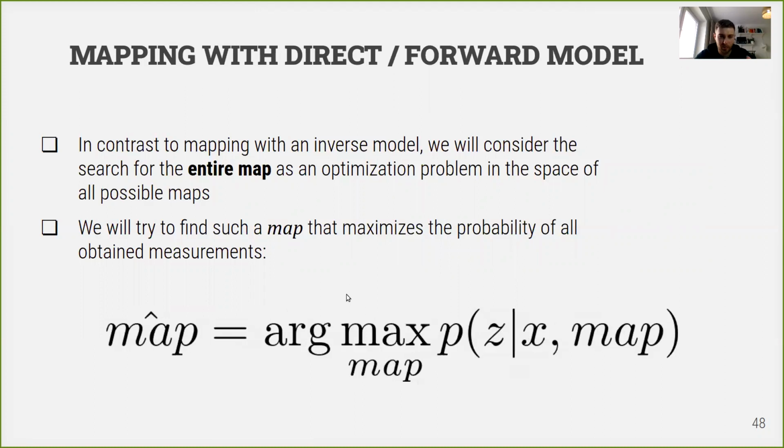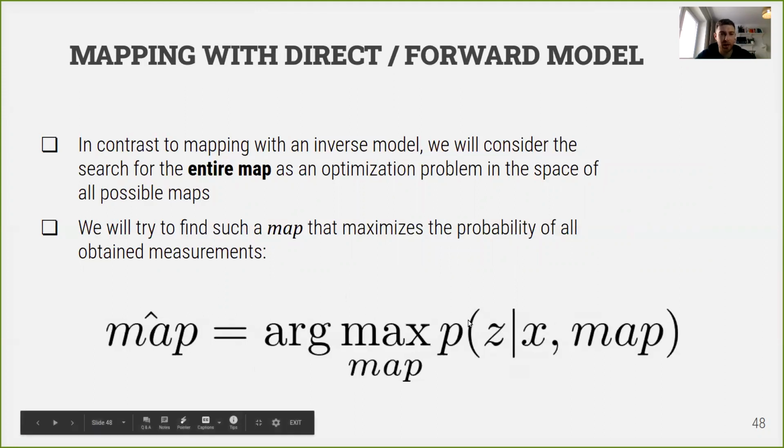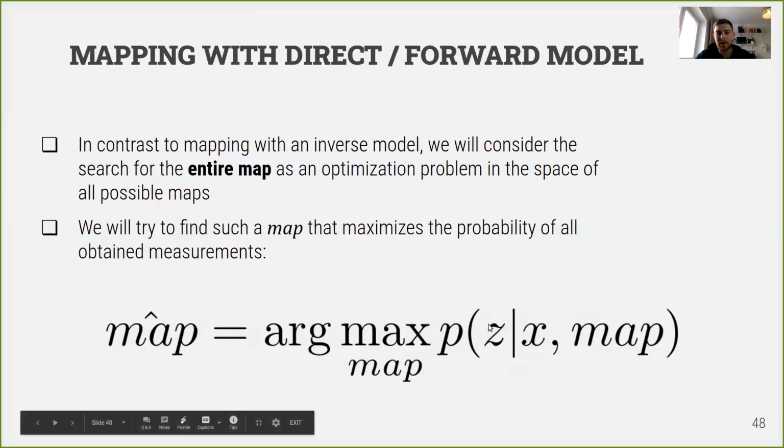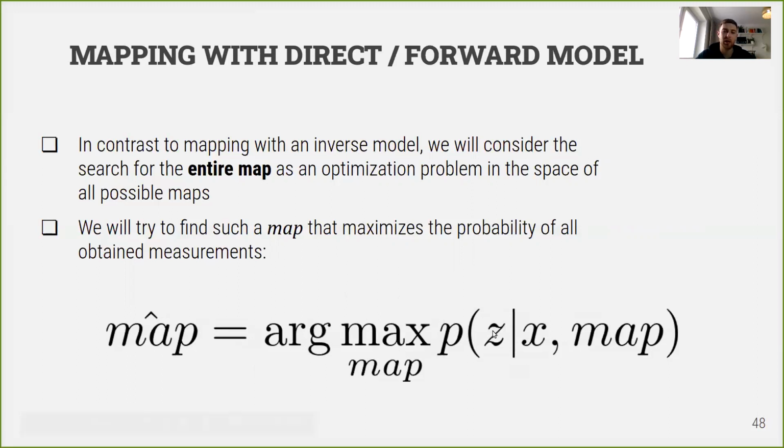I hope it's quite understandable. If not, ask questions here, because this is quite a complex approach. But the main idea here is that we say that all maps are possible, and try to use some optimization technique to find the most probable map. And by the most probable map, we mean that the map is explaining our measurements in the best possible way.